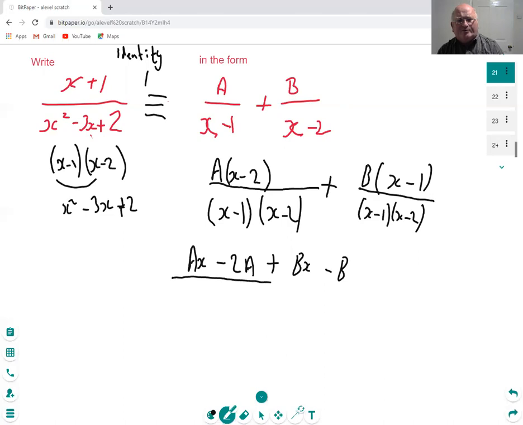And on the bottom, I'm going to multiply these two together just so they look like what's up there. It's still the same thing, I'm just repeating what I did there. So x squared minus 3x plus 2. Now we're going to say that is the same as x plus 1 over x squared minus 3x plus 2.